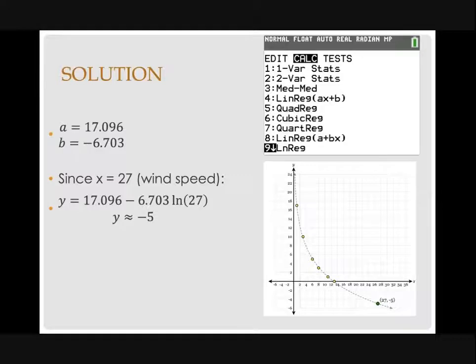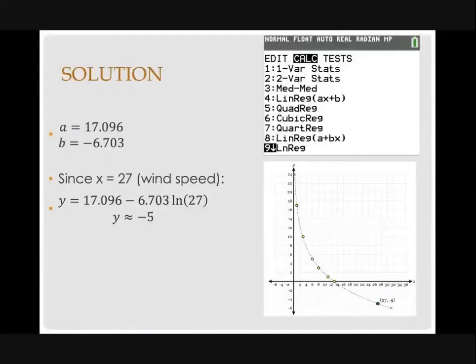You want the natural log regression, so LnReg. So we use this information and we plug in to find our unknown, and we get that if our wind speed is 27, y is approximately -5.